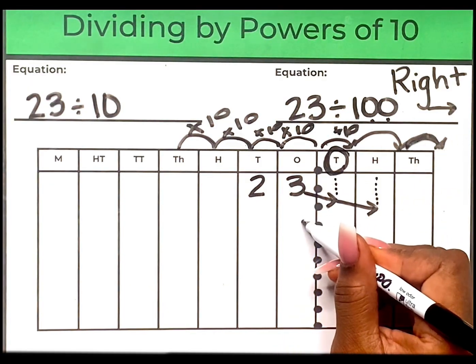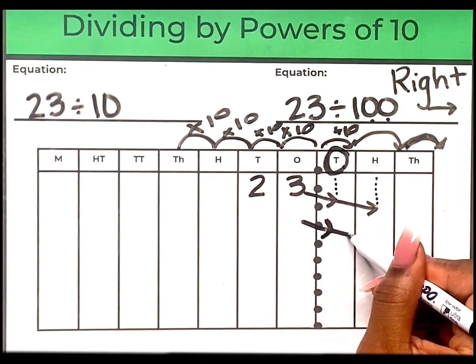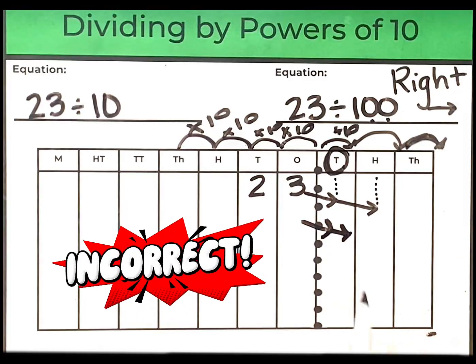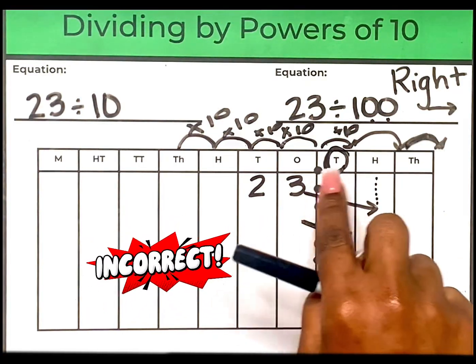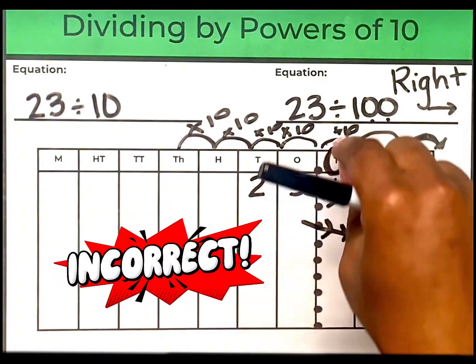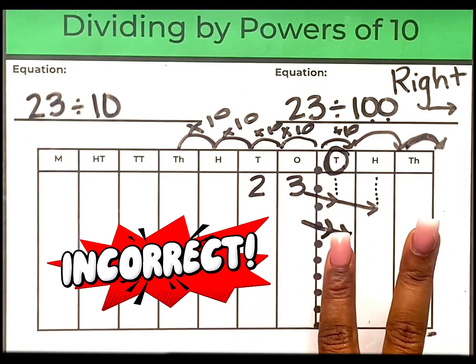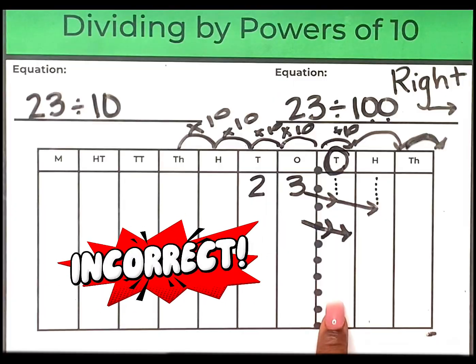What mistakes I see at times are students sometimes do this. They will draw 2 arrows, but let's look at this. Have we actually moved 2 place value locations? Have we moved 2 columns over? No, we haven't.